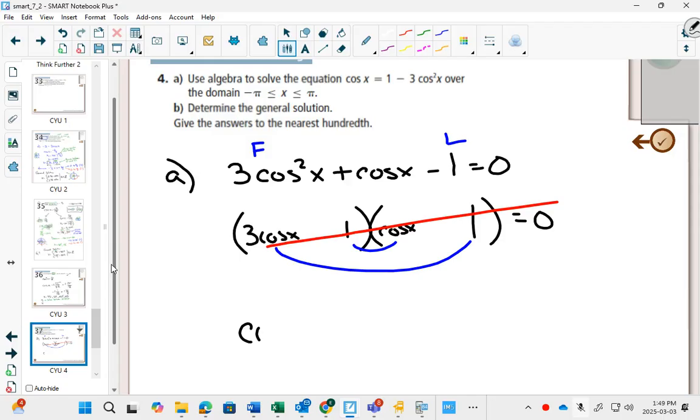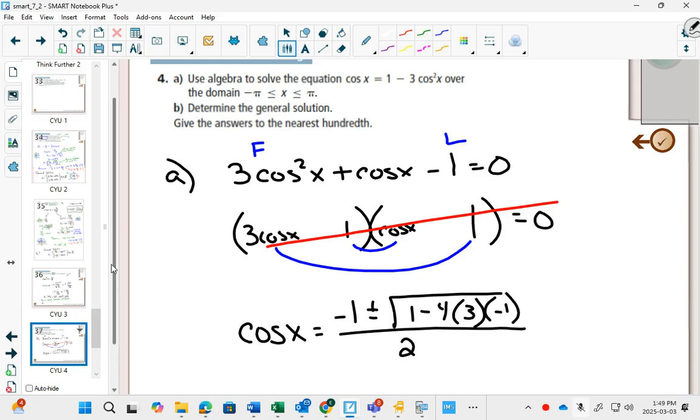So we go to our quadratic formula. It would be cos x equals negative b, the b value is a 1, plus or minus the square root of b squared, 1 squared is 1, minus 4 times a, which is 3, times c, which is a negative 1, over 2 times a.